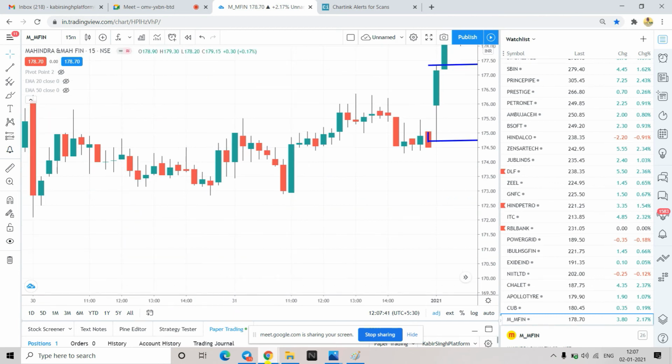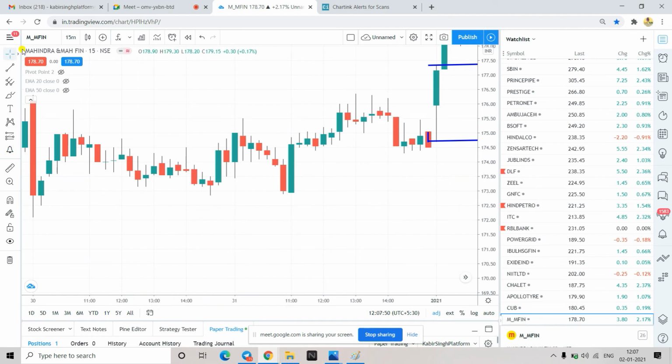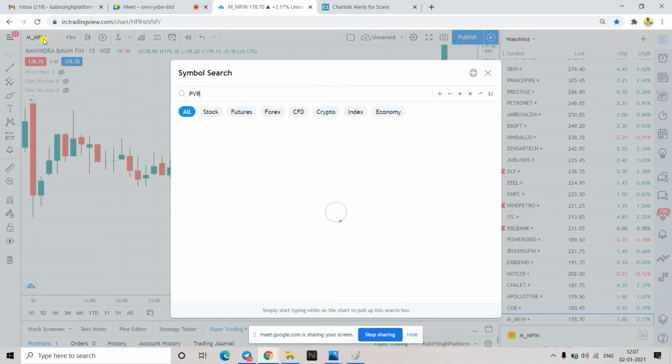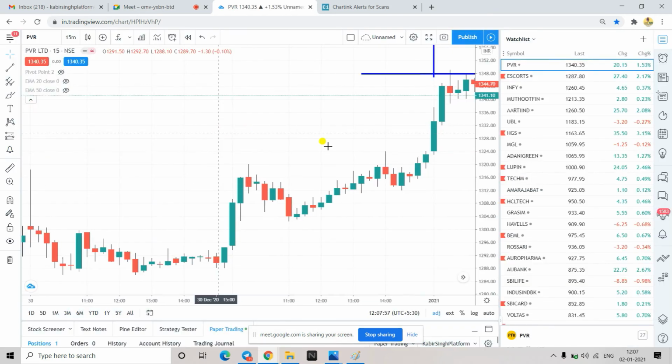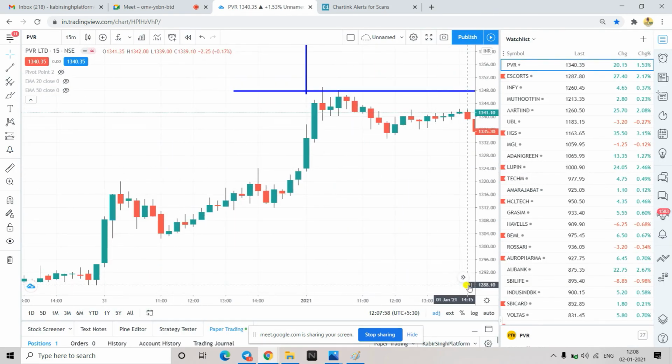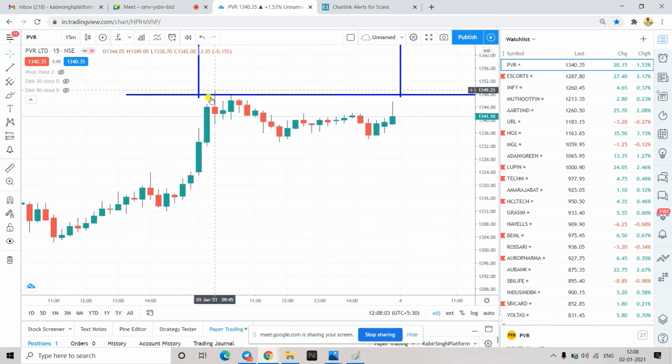Fine, so we'll see which was the other stock we got in the alerts. We had PVR also at 113.46. Same condition. What happened that day is maybe momentum was not there in the market.